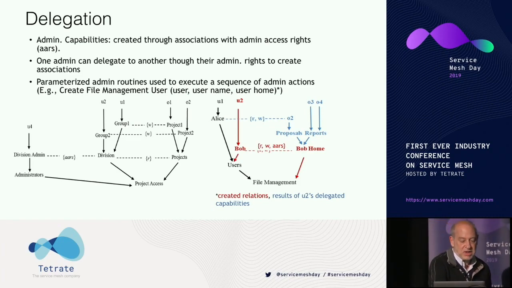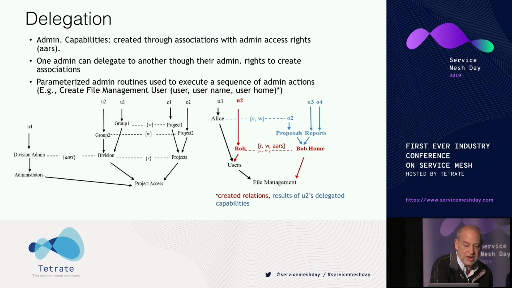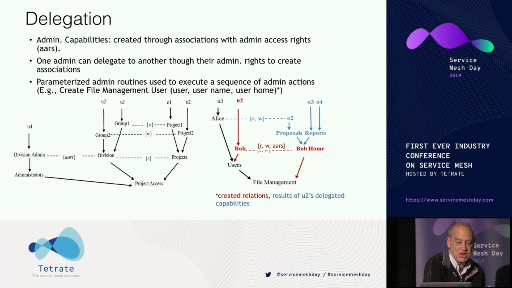So what we can do is, in the graph on the left, we can create an administrator who has access rights to be able to manage the division, which includes being able to create groups and delete groups, and assign users to groups. He can delegate it, say, to a group manager.